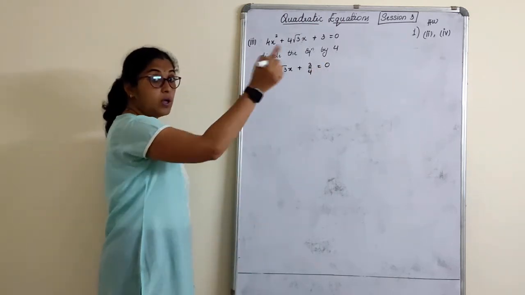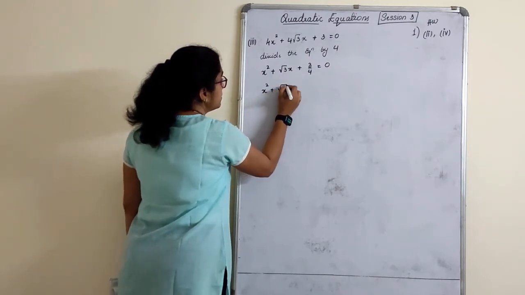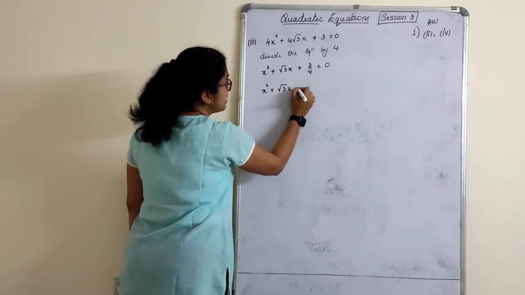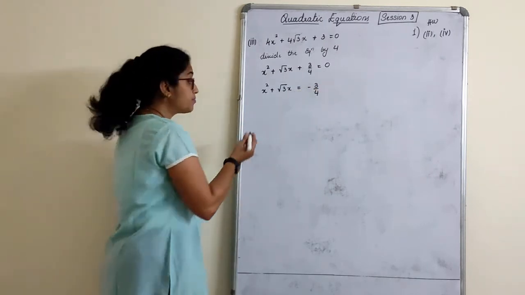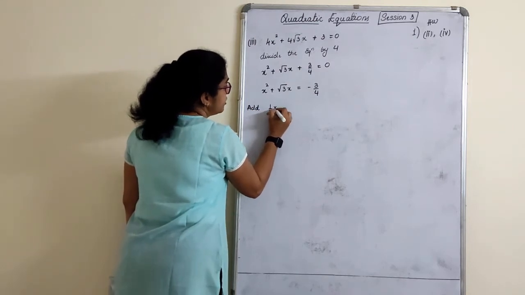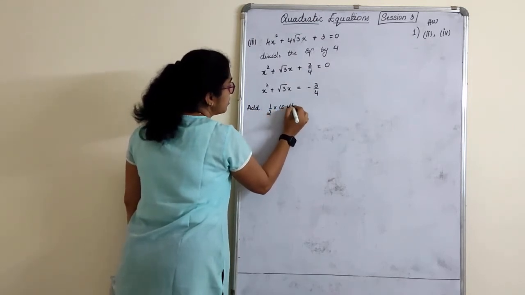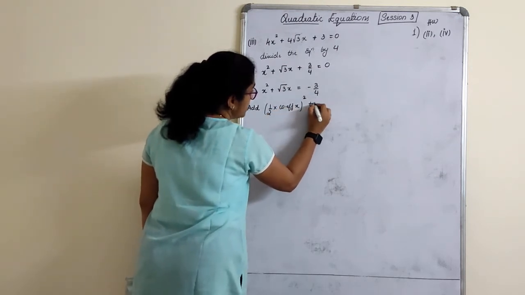The next step is to transpose the constant. x square plus root 3 x is equal to minus 3 by 4. Now add half into the coefficient of x whole square to both sides.